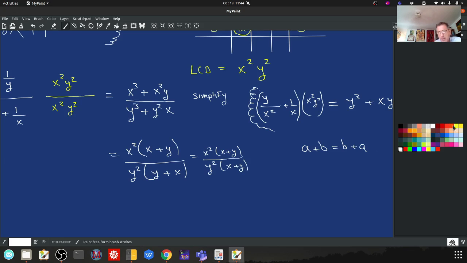And now, as always, if we have a factor in the numerator that is the same as the factor in the denominator, it cancels. So that gives me x squared over y squared, which you can also write, using the quotient rule of powers, as x over y squared.